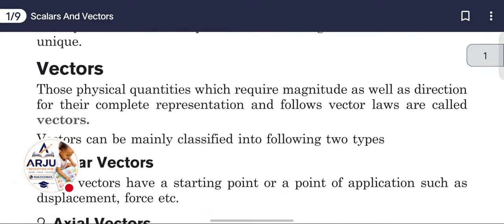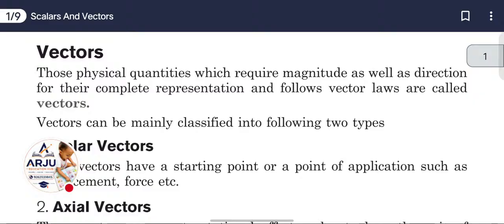Now next we have vectors. Vectors are those physical quantities which require both magnitude as well as direction for their complete representation and follow the vector law.